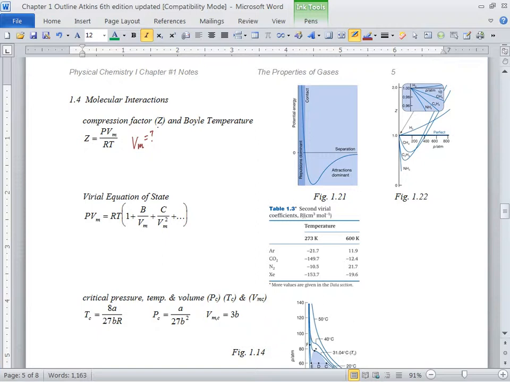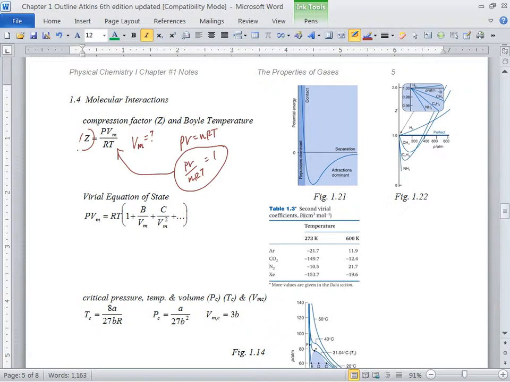So what's missing? Before we had PV equals nRT, right? Now we just want PV over nRT equals 1. That is supposed to be the same as this. Instead of 1, they're just calling it Z, because it's 1 if everything works ideally, acting like an ideal gas.